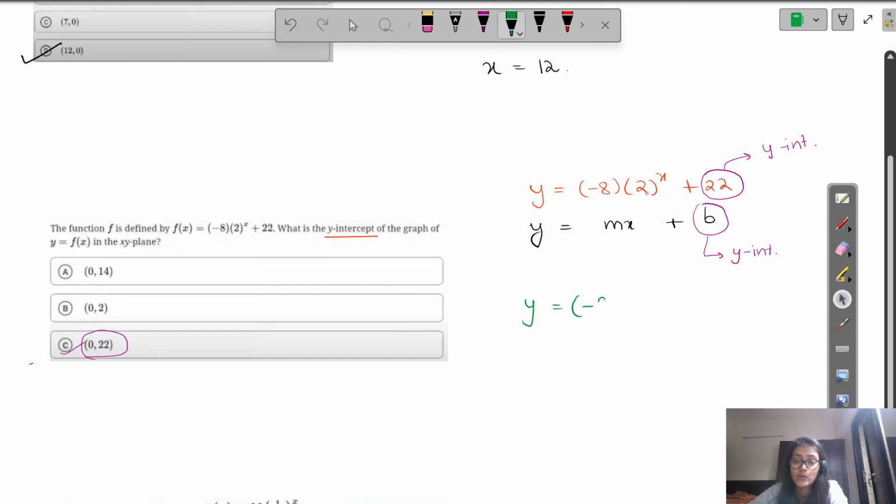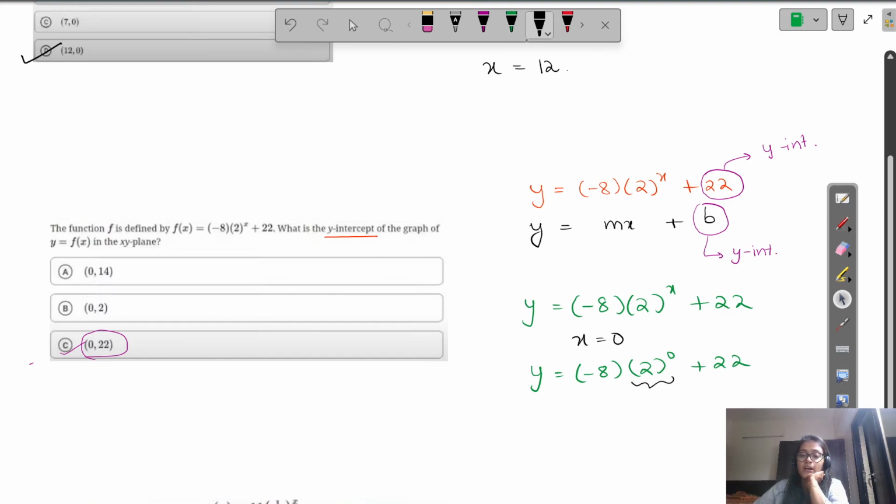So you have y is equal to negative 8 times 2 raised to x plus 22. We will put x is equal to 0 to find out the y-intercept. So y is equal to negative 8 times 2 raised to 0 plus 22. 2 raised to 0 becomes 1, and you are left with negative 8 plus 22. And 22 minus 8 is how much?